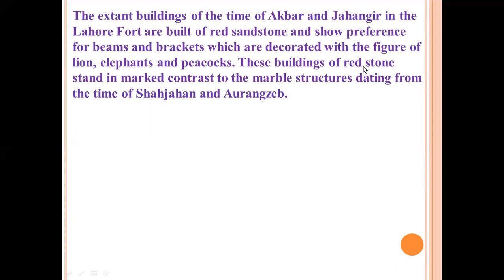These buildings of red stone stand in marked contrast to the marble structures dating from the time of Shah Jahan and Aurangzeb. So it means this building was decorated with different types of marble and good signs of architecture.